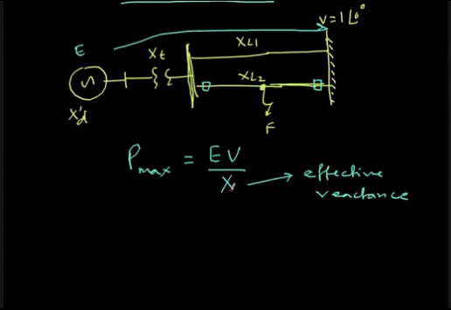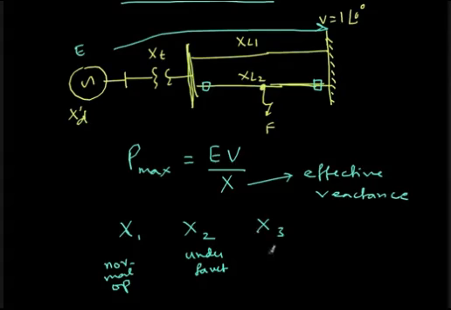Now this effective reactance will have three values, x1, x2 and x3. x1 is under normal operation, x2 is under fault, and x3 is after fault. Under normal operation, I have some value x1. During the fault, the effective value x2 will increase because of this fault, and as a result Pmax will reduce.